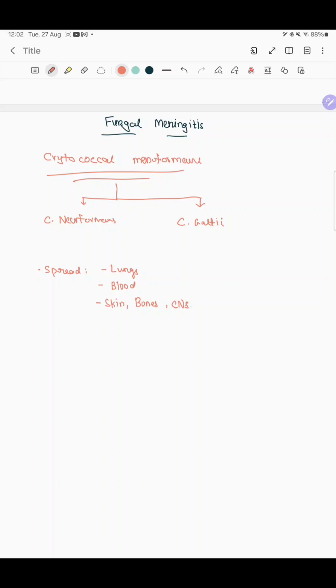Which people are more vulnerable to this disease? This will include patients who have HIV or are immunocompromised, patients who have hematologic malignancies, and transplant recipients.